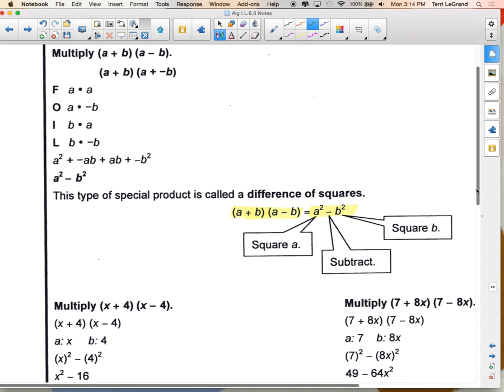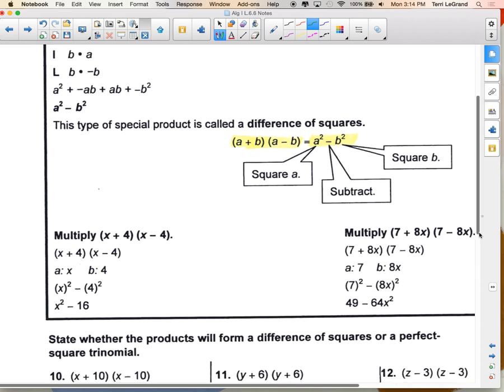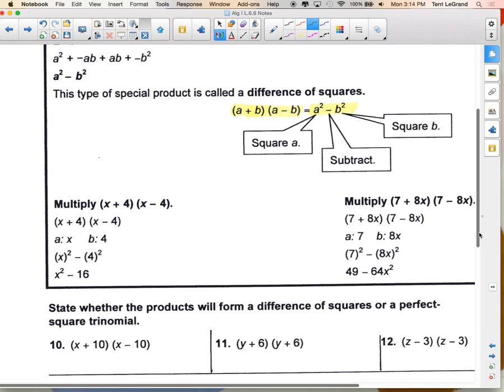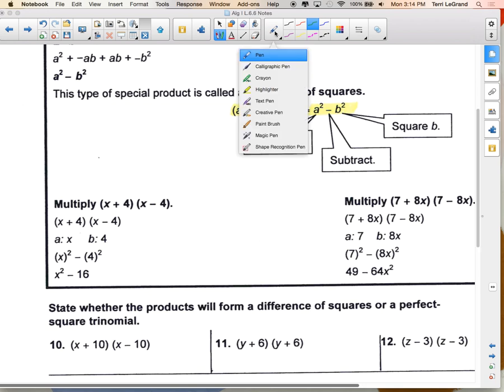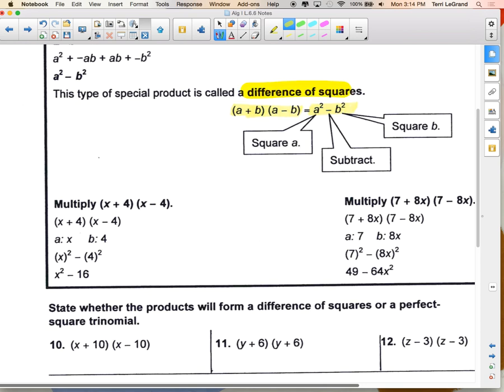It is not a binomial times itself, but they both start with the same term. They both end with the same term. It's just that one has addition and the other has subtraction. Well, when we discovered that pattern, go ahead and highlight. I also want you to highlight this part. We call this the difference of squares.